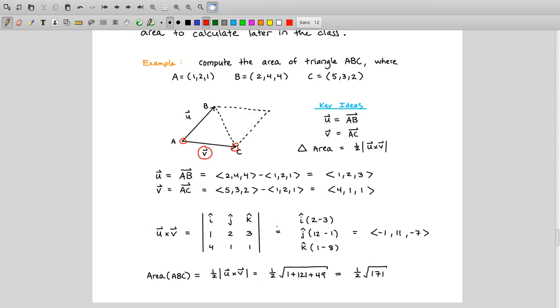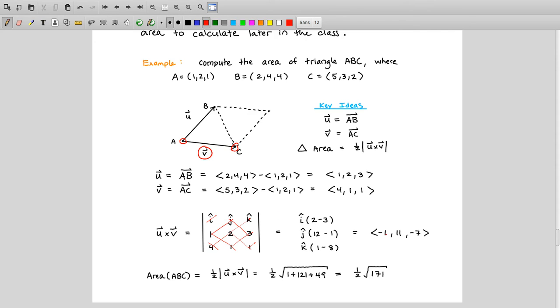We compute that cross product. We have our i, j, k, 1, 2, 3, 4, 1, 1, and we do our diagonal lines for our 3 by 3 matrix determinant. You'll get better at this as the class goes on. We have i times 2 minus 3, so 2 minus 3i, j times 12 minus 1, and k times 1 minus 8.